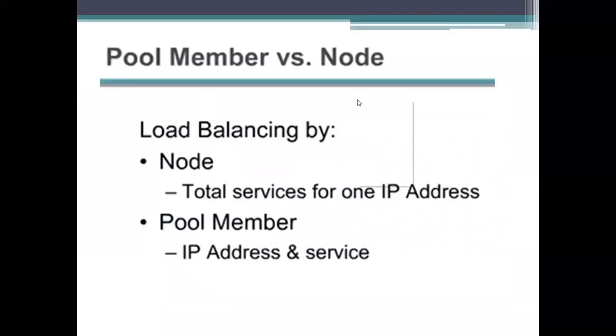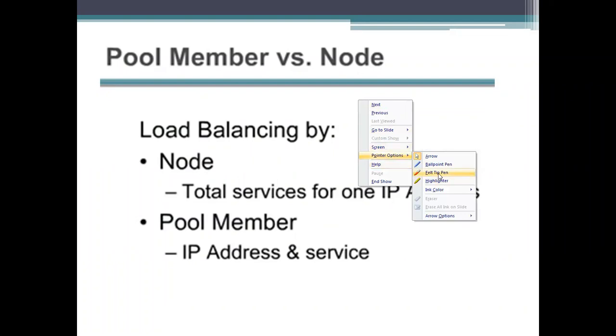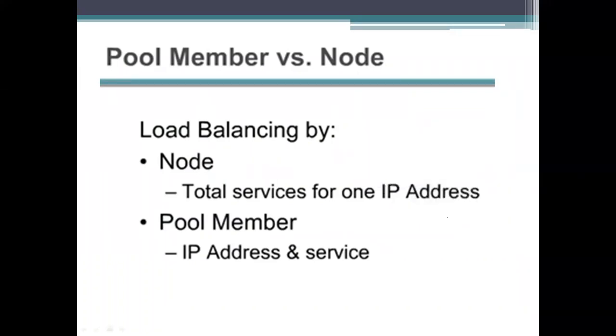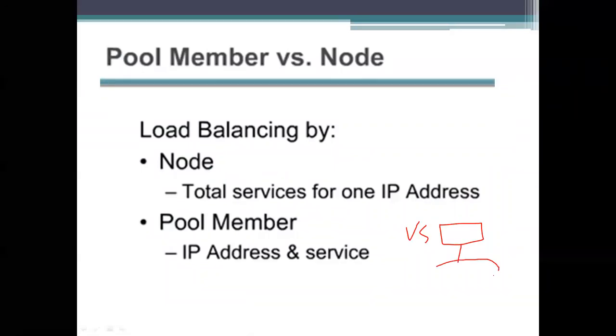Okay, so there are three terminologies we use. Yesterday we discussed, but today we can see in detail. So one is a virtual server. Okay, that is called a virtual server. Behind the virtual server there will be a pool.